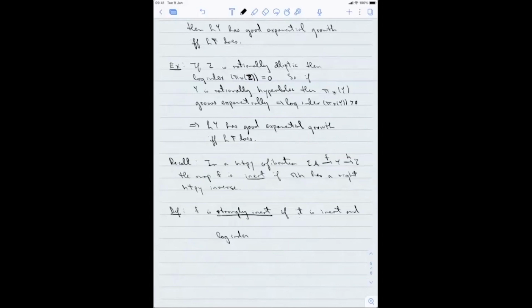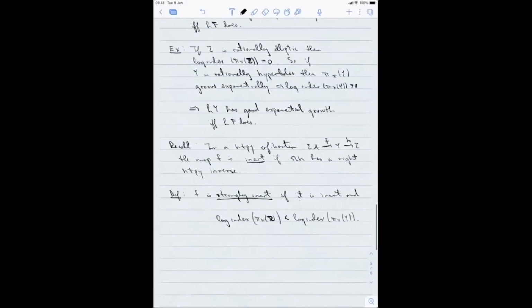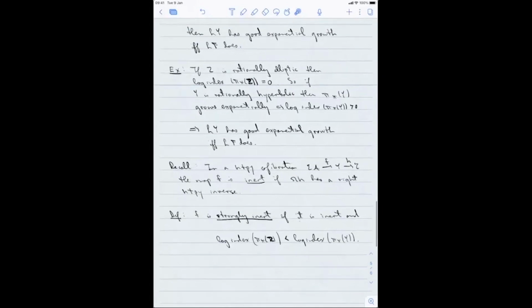So the log index of the rational homotopy groups of Z is strictly less than the log index of the rational homotopy groups of Y. So again, it's set up well to deal with the case when Z is rationally elliptic and Y is rationally hyperbolic.